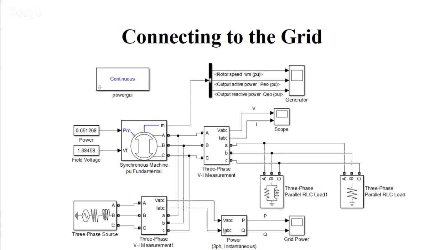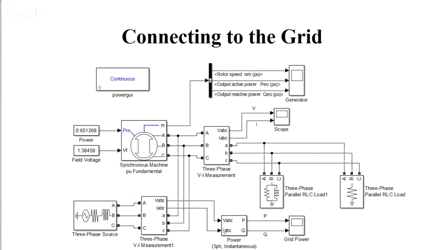In this we have connected a three-phase parallel RLC load along with a three-phase resistor load. The load is a three-phase parallel RLC load of 25 megawatt and a three-phase parallel RL load of 40 megawatt active power and 15 MVAR reactive power. So this slack bus and this synchronous generator should provide these values to this circuit.